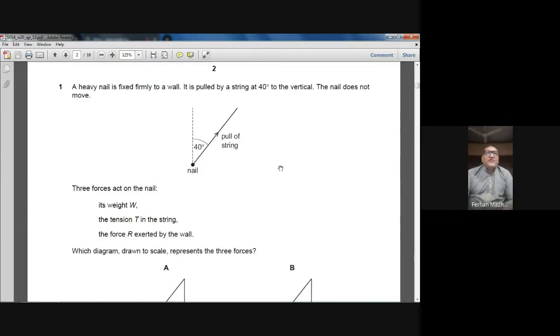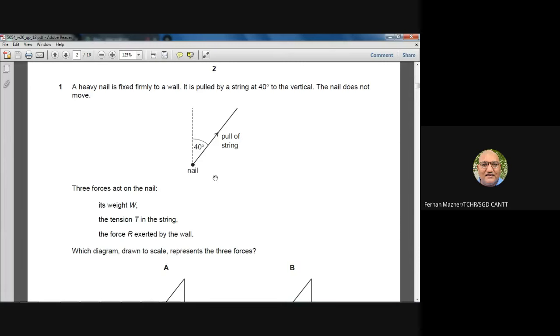A heavy nail is fixed firmly to a wall. It is pulled by a string at 40 degrees to the vertical. The nail does not move. Three forces act on the nail: its weight, the tension in the string, and the force exerted by the wall. Basically, there are three forces, and their sum should be zero because they have balanced each other.